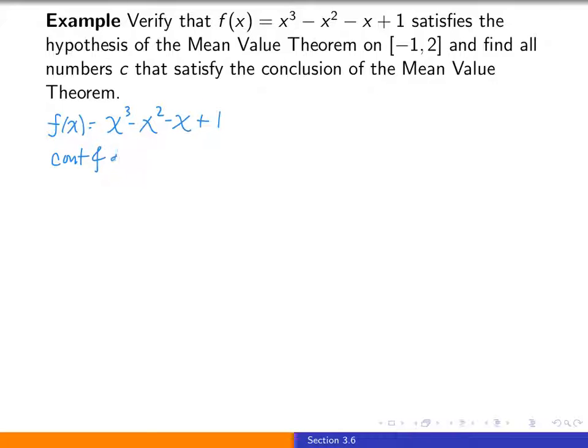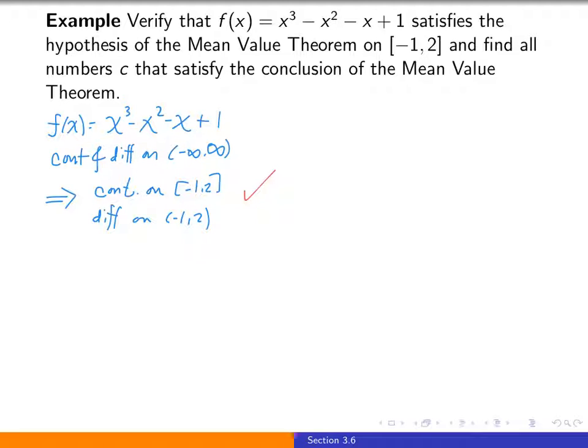So this is continuous and differentiable on the entire real line, minus infinity to infinity. And what that tells us is that certainly these restricted conditions are satisfied. It will be continuous on the closed interval from -1 to 2, and differentiable on the open interval from -1 to 2. So check, the hypotheses of the mean value theorem are satisfied.